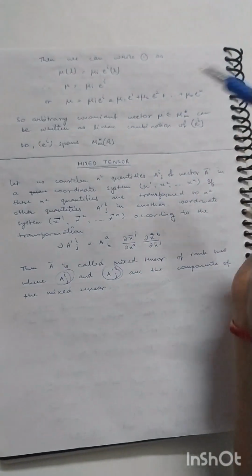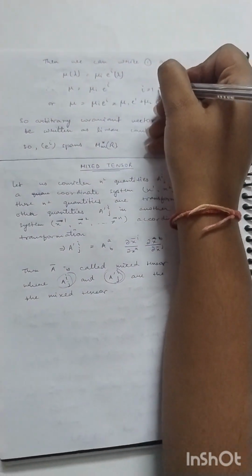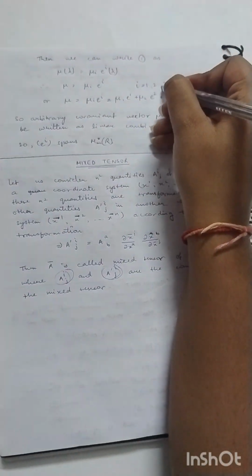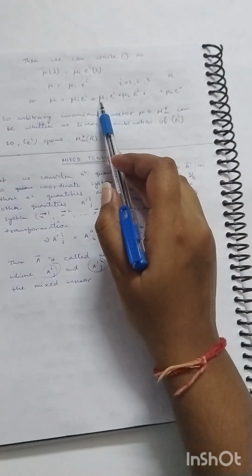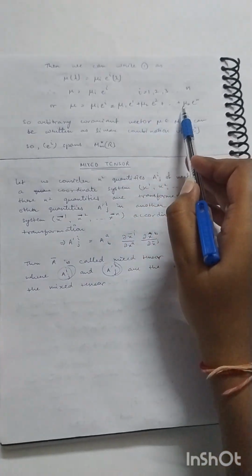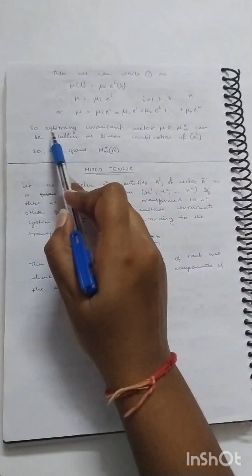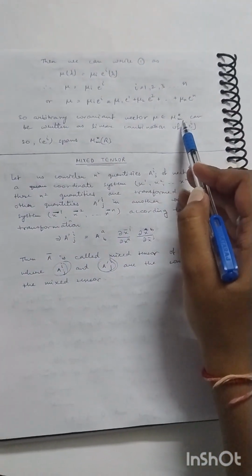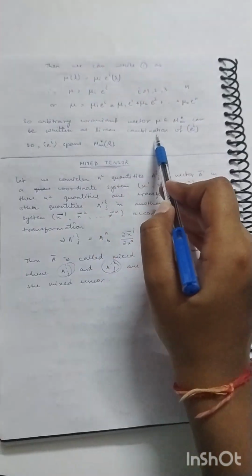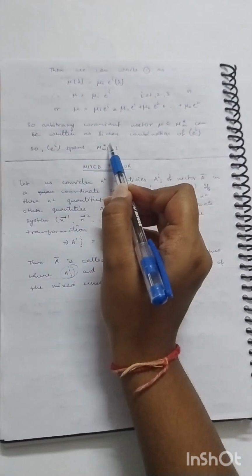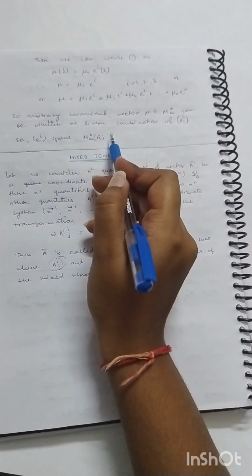So an arbitrary covariant vector mu belonging to M star can be written as a linear combination of E to the power i. So E to the power i spans M star R.